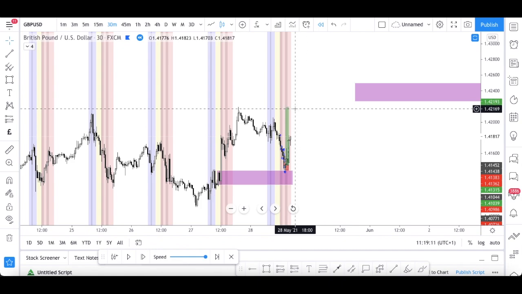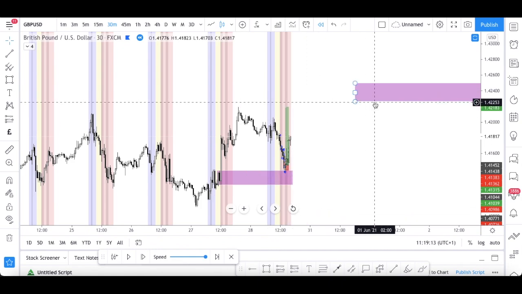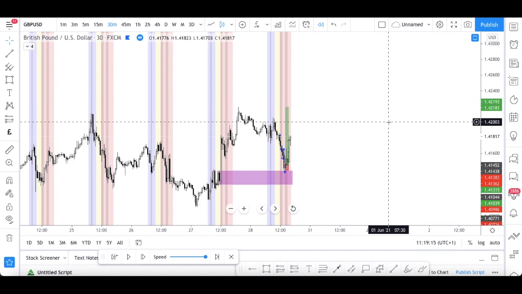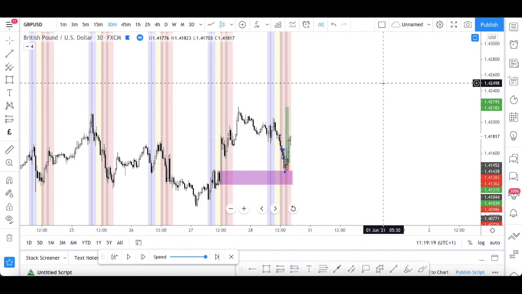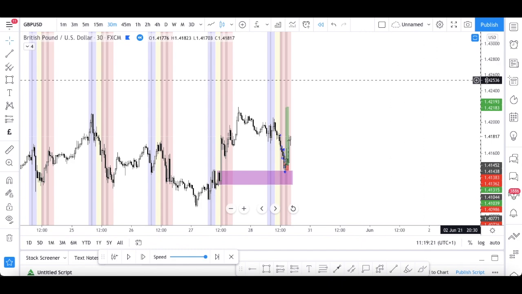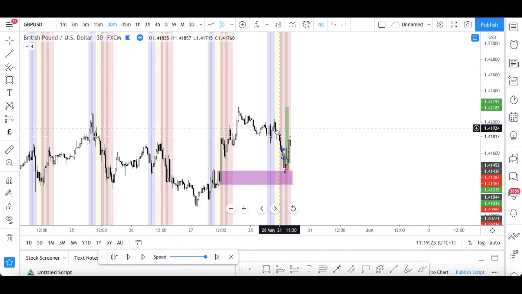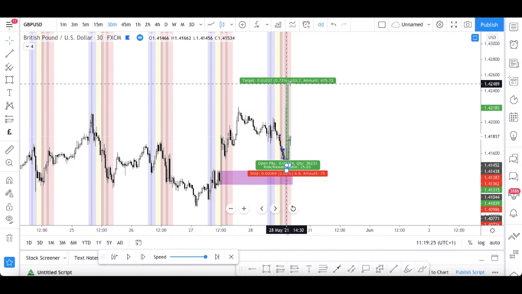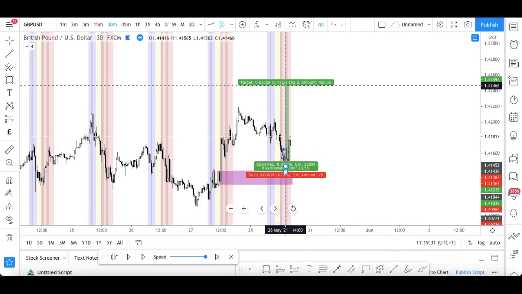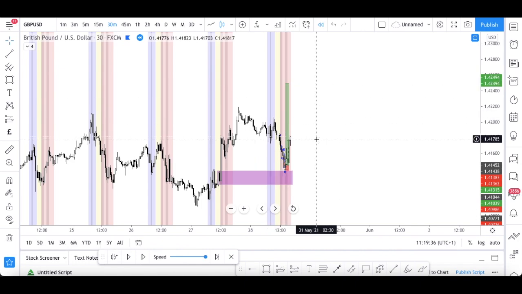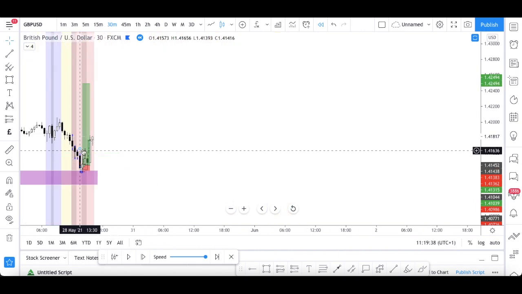The quarter level that I was looking at within this area, and the one that was closest, was that 1.42500 level, which is around here. So extending this to the 1.425 level, about there-ish, you can see that it hit that 1 to 14 risk reward ratio.